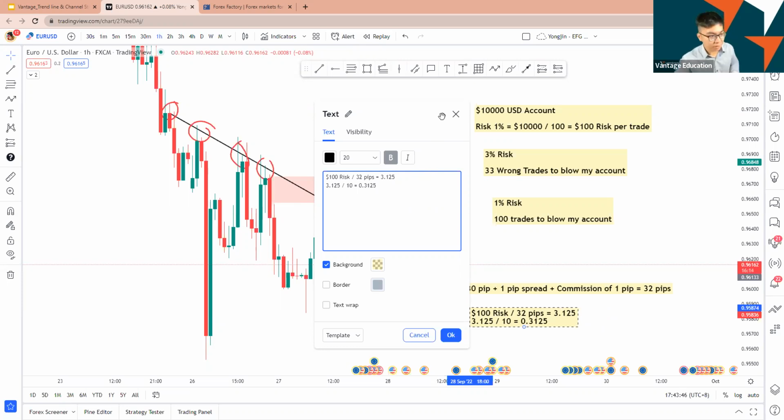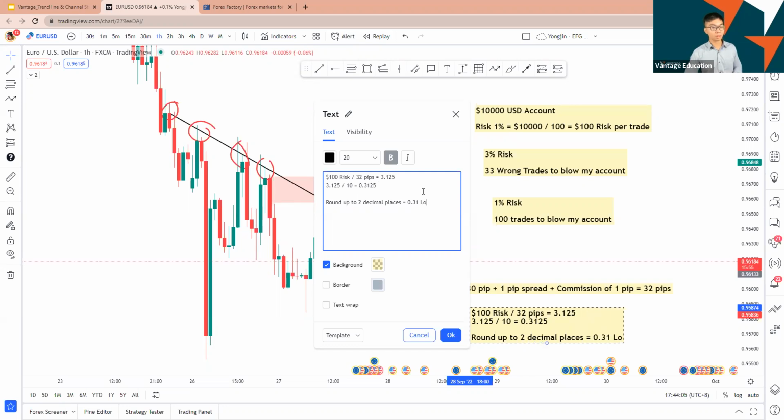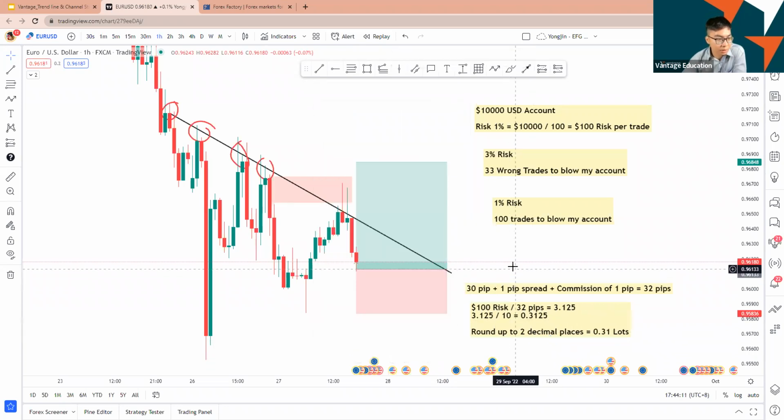But on MetaTrader, we can only go to the lowest 0.01, so we get 0.31. Round to 2 decimal places after you divide by 10. So our lot size will be 0.31 lots on a $10,000 account, only risking 1%.